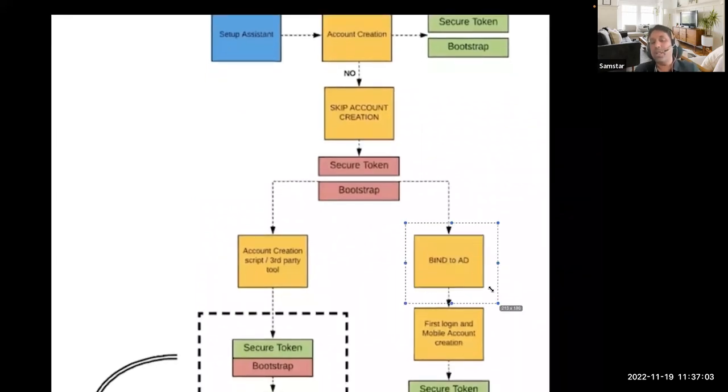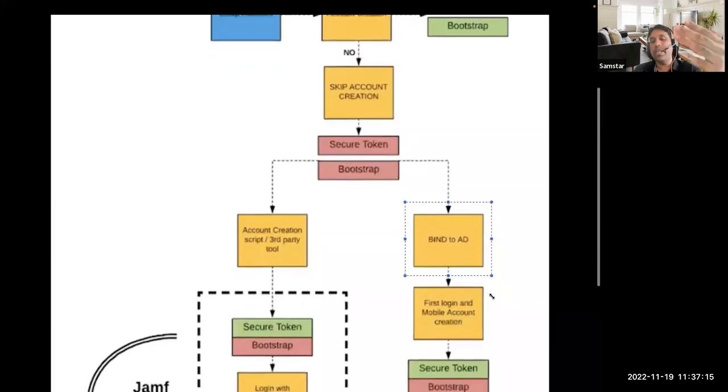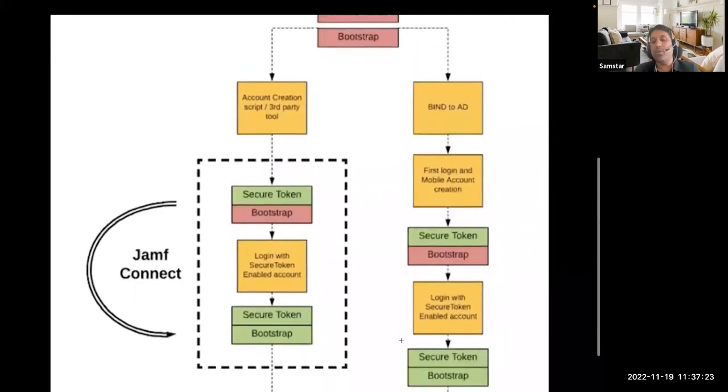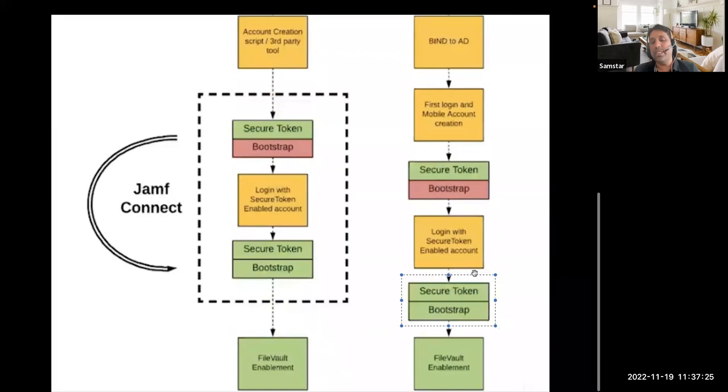One way is binding to AD, which is deprecated. Apple is saying don't bind your device to AD. But if you are binding to AD and at first logon, when your FileVault is enabled, it gives you a secure token. And once a secure token enabled user logs into the Mac, it then creates a Bootstrap token for you and uploads it to Jamf.